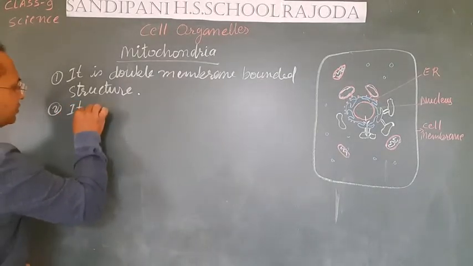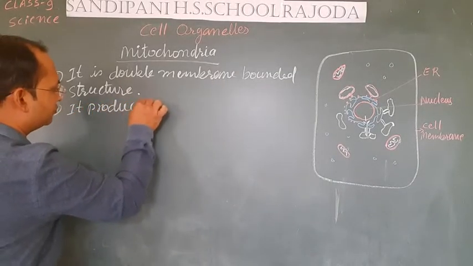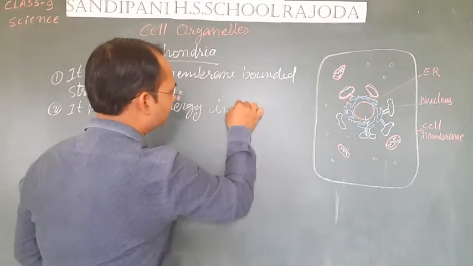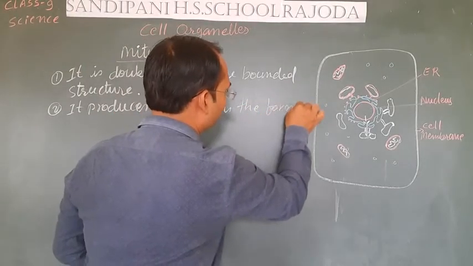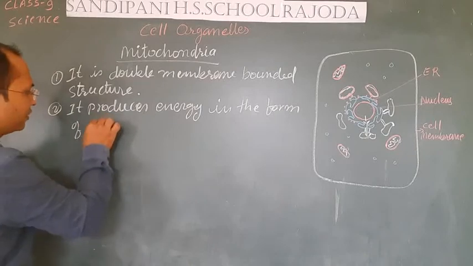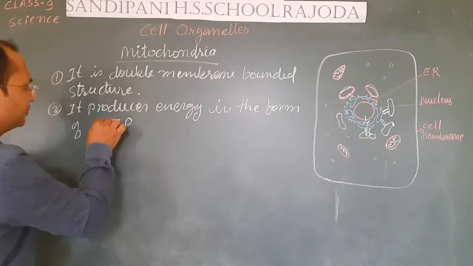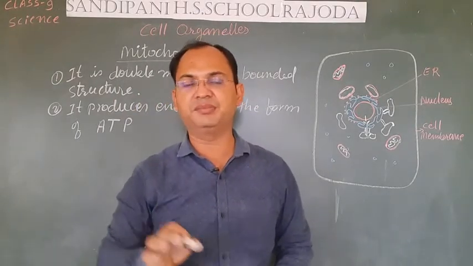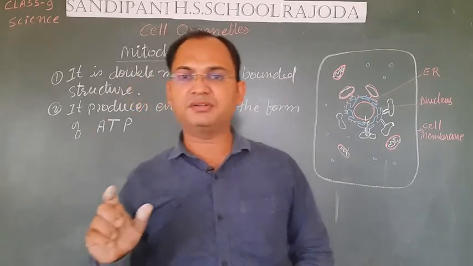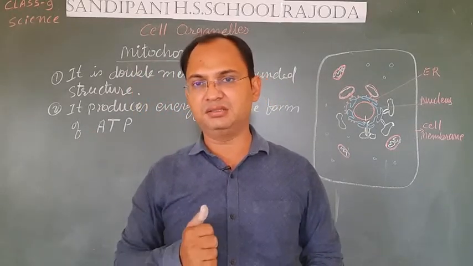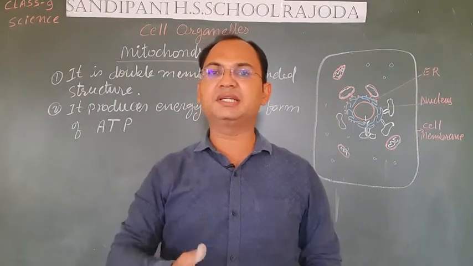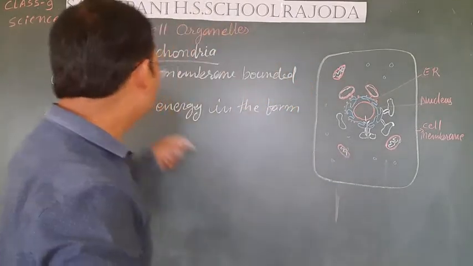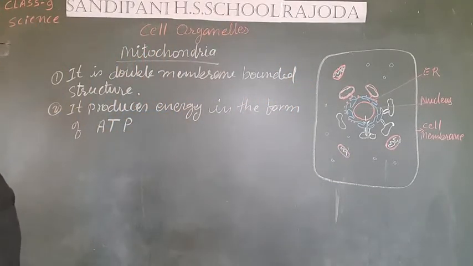Remember, students, ATP, or adenosine triphosphate, is the energy currency for our cell, for our body. Our body always takes energy in the form of ATP. So the energy is produced in the form of ATP in mitochondria.